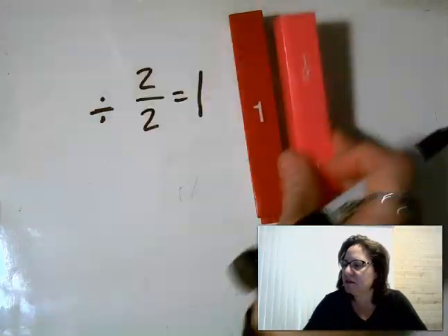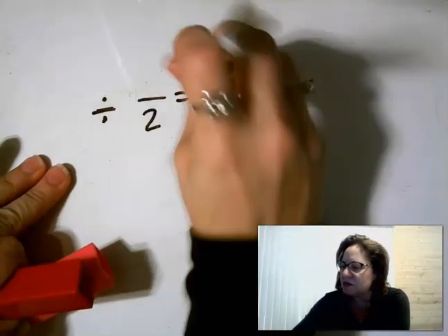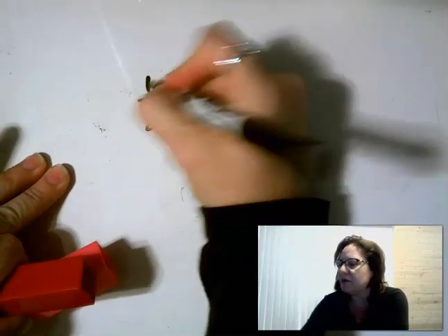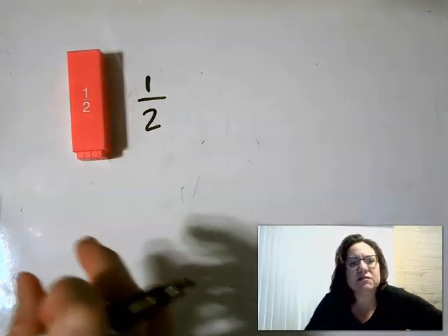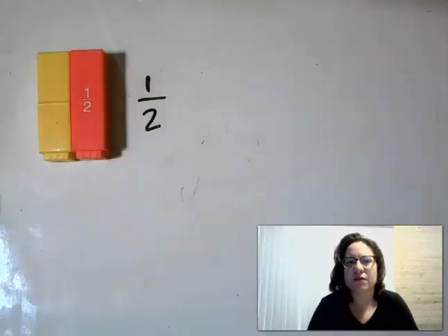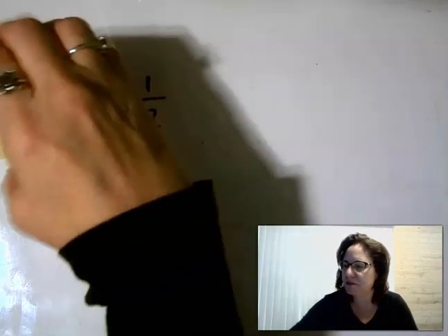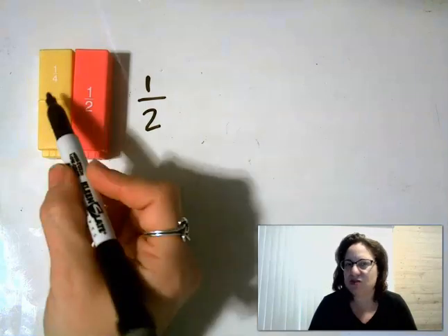Okay, we're going to try to find equivalent fractions for 1/2 first. 1/2, I only need one of these, is equivalent to how many fourths? Right, we have 2 fourths here.